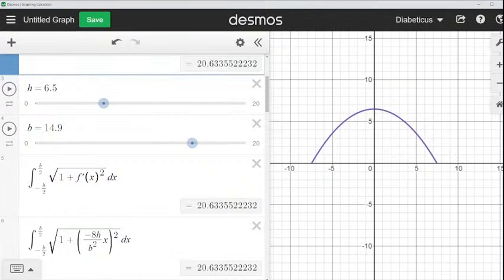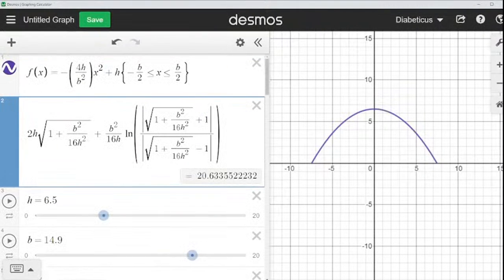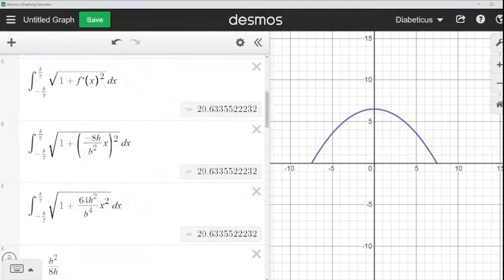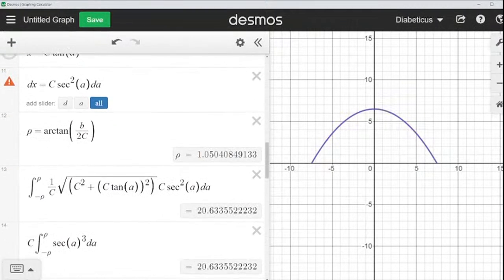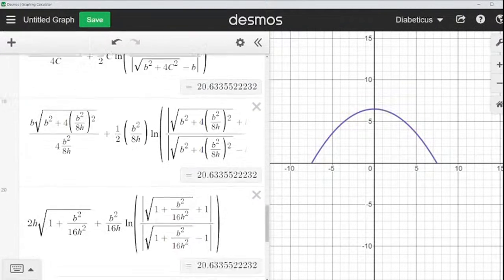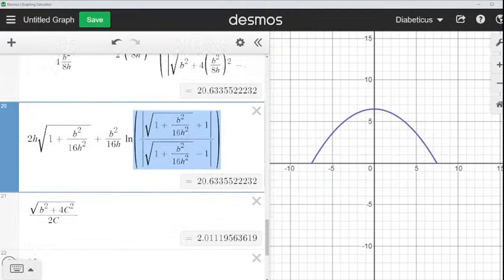So we have this entire process, and we end up with this. How many steps did that take? Probably more than 23. I just did some algebra that could have been individual steps.